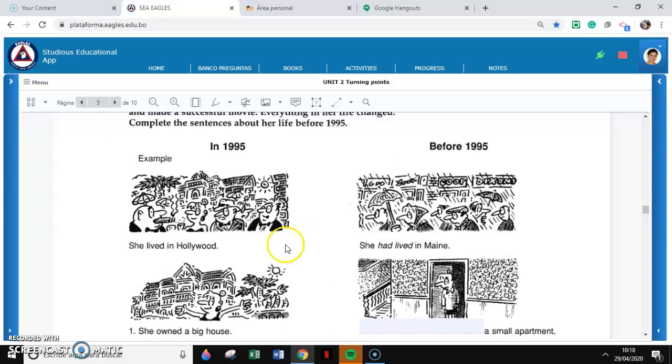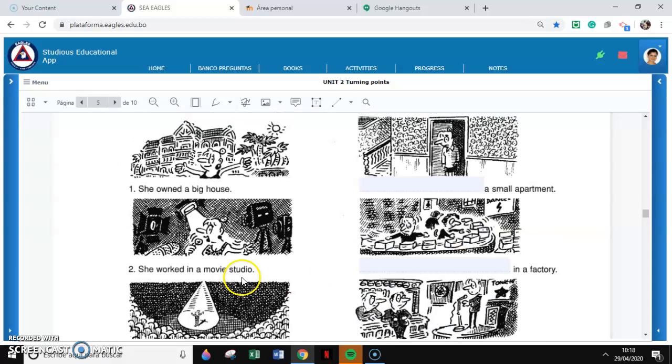Let's have a look. We have here some examples in 1995 and we have here before 1995. So she lived in Hollywood in 1995, but before 1995 she had lived in Maine, right? So have a look at number 1.